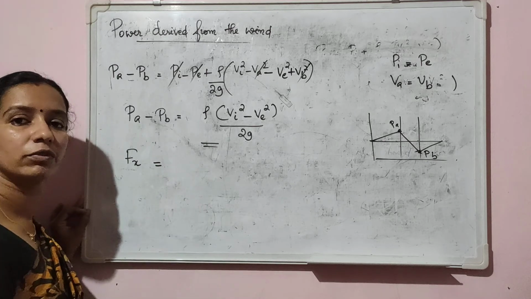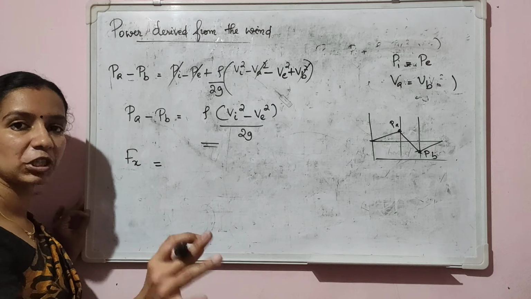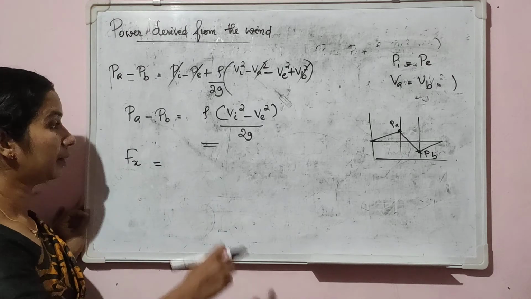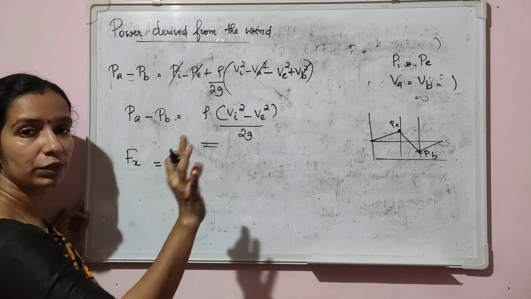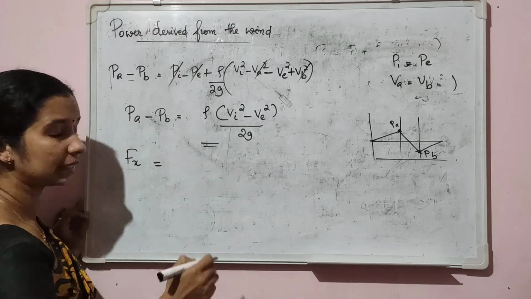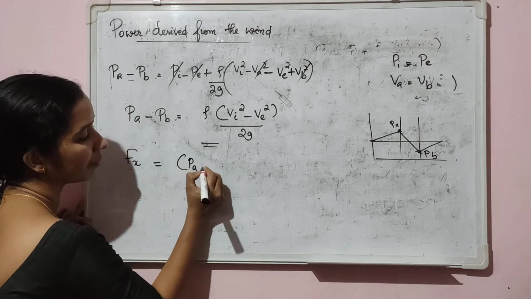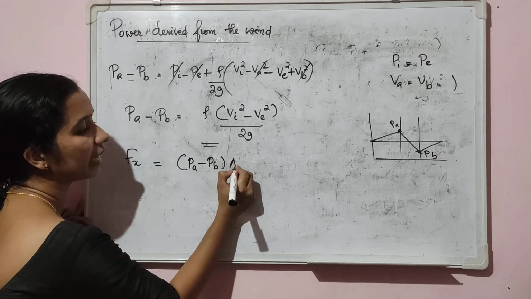We know that force is equal to pressure into area, or pressure is the force per unit area. So the horizontal force in the direction of wind will be Pa minus Pb into area A.